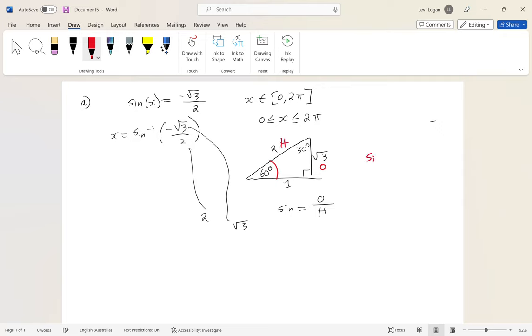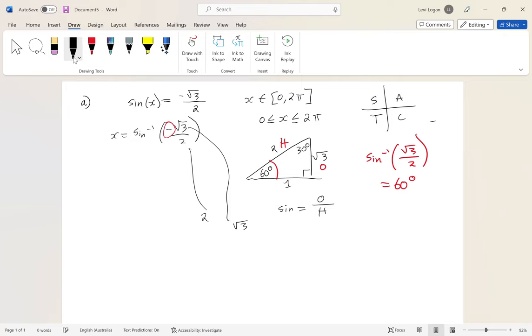Therefore sine inverse of, let's ignore this negative for now, root 3 over 2 is going to be equal to 60 degrees. Okay? Now, our sine is negative, so let's draw a CAST symbol up here now. So we have CAST.